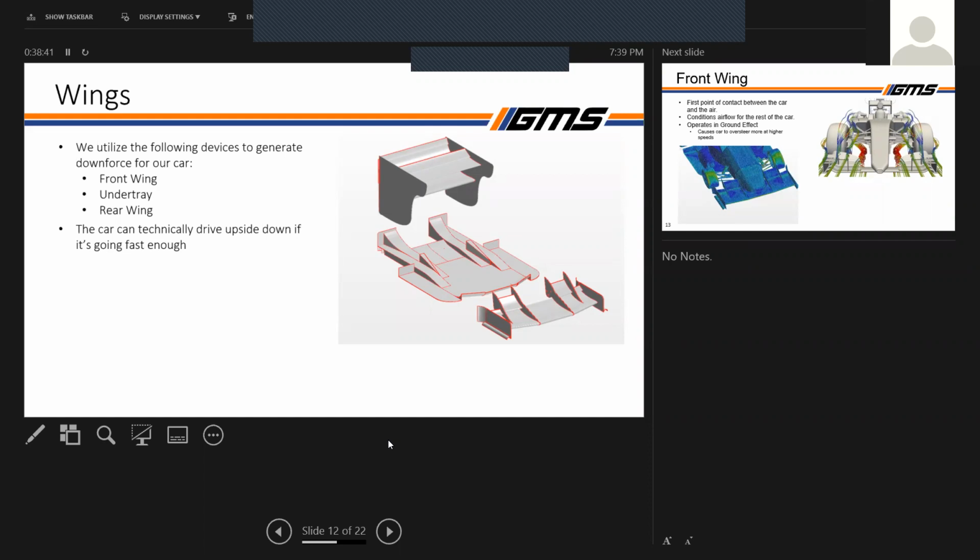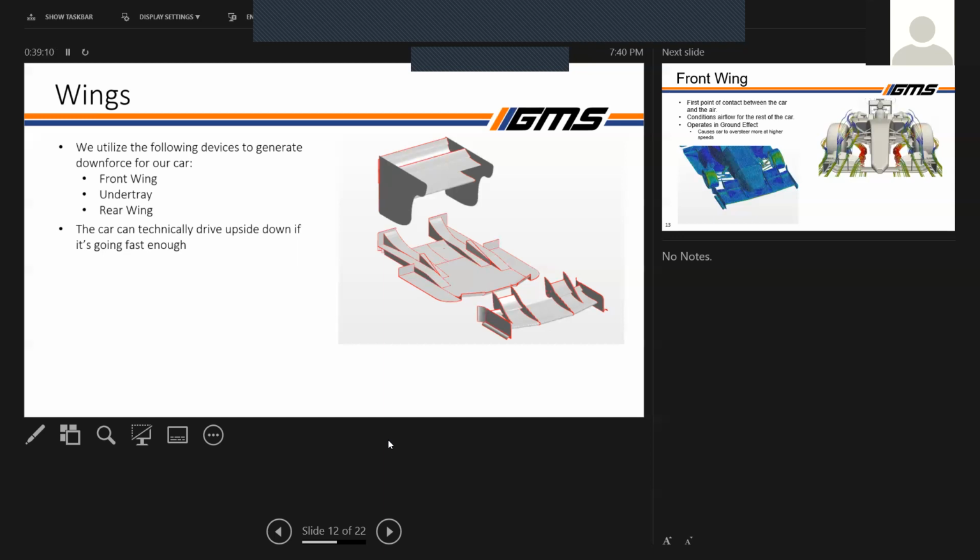Additionally, adding this taper mitigated the effect that ground effect had on the wing. The center of pressure tends to migrate as the car increases its velocity. As the car goes faster and faster, the center of pressure moves forward and forward. This configuration decreased that migration.